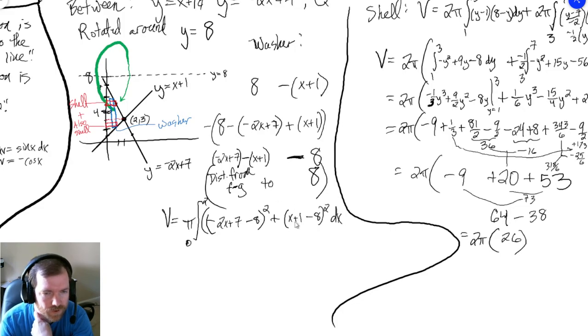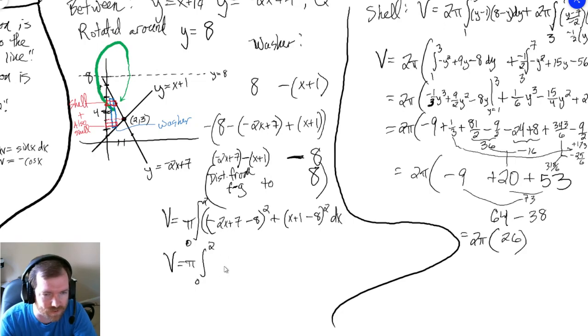So individually, these things need to be subtracted from 8 to find their individual distances, and then we end up squaring after that. That should make more sense. I hope. If not, we'll fix it again.